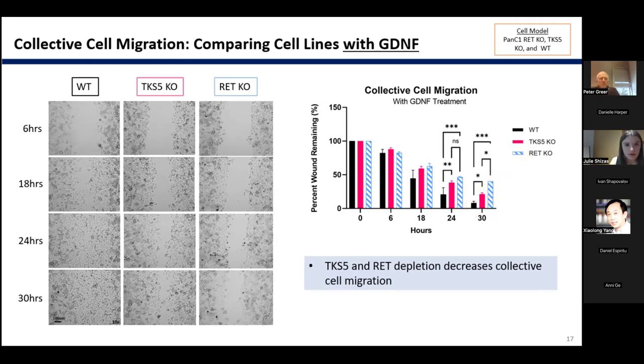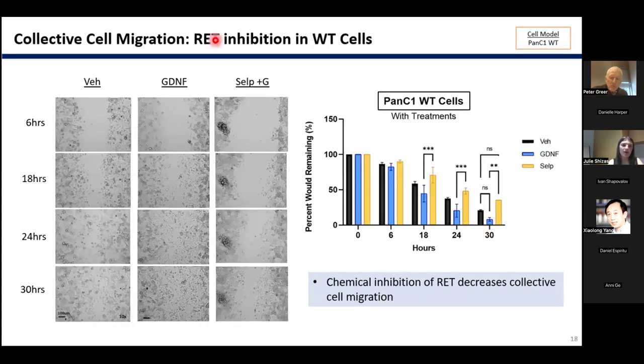When we stratify this further and look at a specific cell line, here we have RET inhibition in wild type cells alone, with a vehicle, a GDNF treatment, and then a selpercatinib treatment. Selpercatinib is a selective RET inhibitor. It's FDA and Health Canada approved and indicated for non-small cell lung cancers with RET fusion proteins, along with certain thyroid cancers with RET mutations.